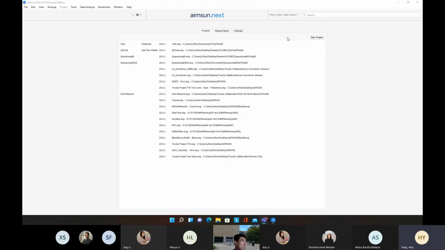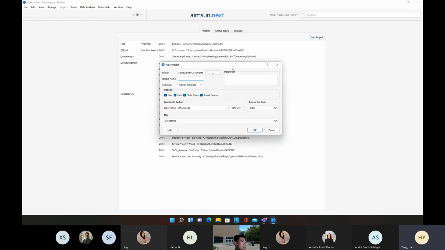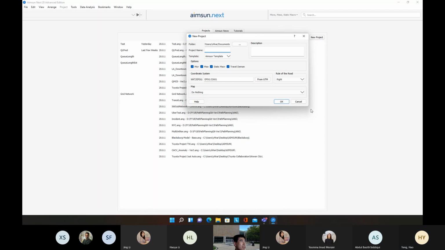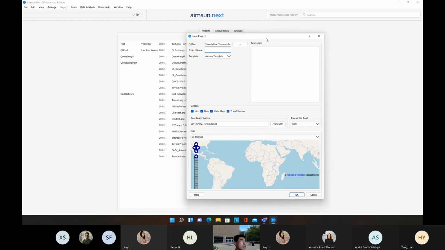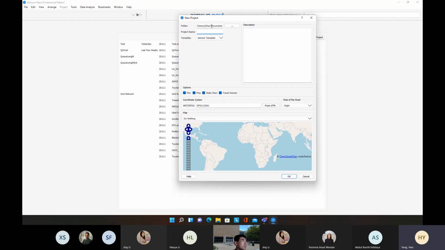Okay. So once you open Amazon, it will jump you to a blank page about developing a new project. So we can work on a new project. And for a new project, you can decide where to store your file.